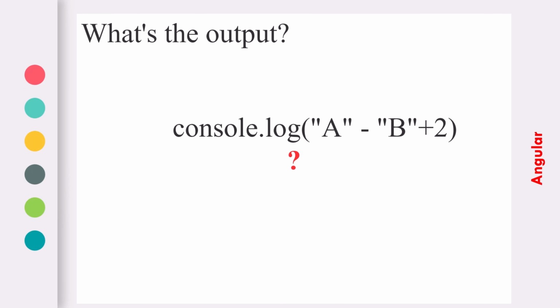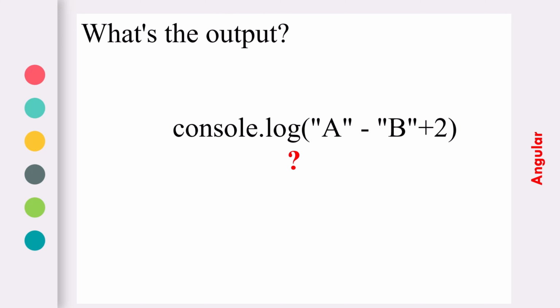The next one is, what's the output of console.log("A" - "B" + 2), where here we have a number 2, not string 2. This is a number 2. So here the first expression, as I told, is converted to not a number, and B is also converted into not a number.